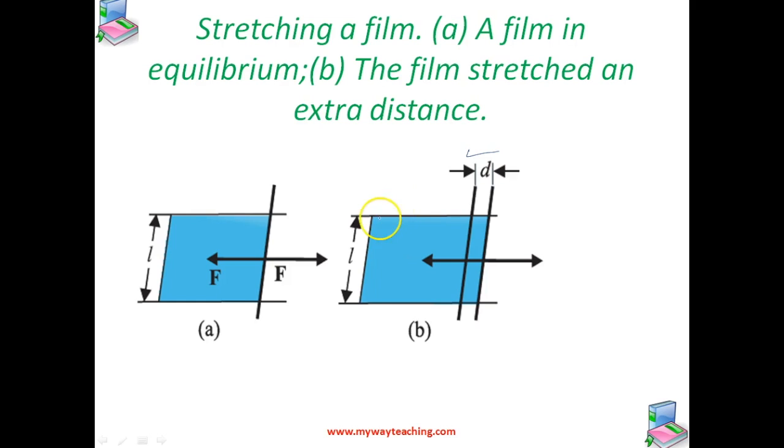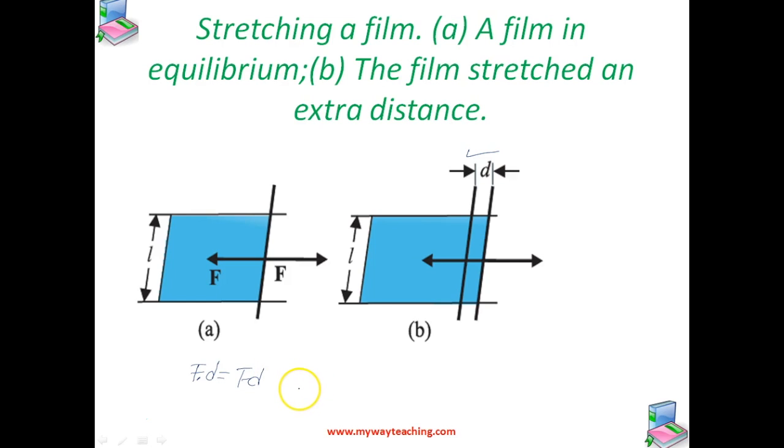Since the area of the surface increases, the system now has more energy. This means that some work has been done against an internal force, which is represented by F, and the work done by the applied force is F into d.